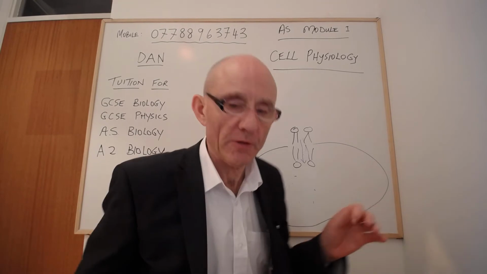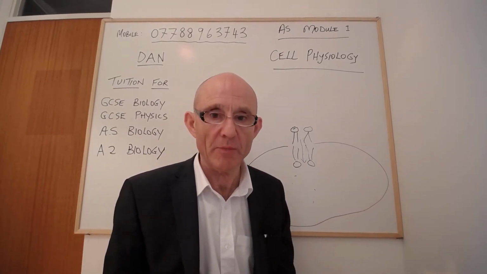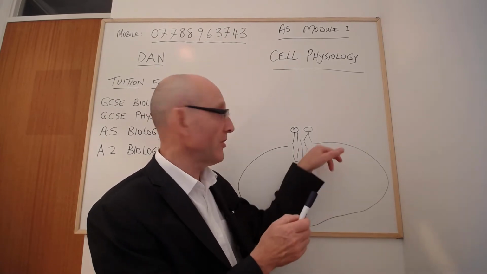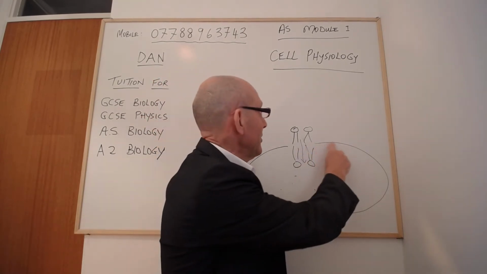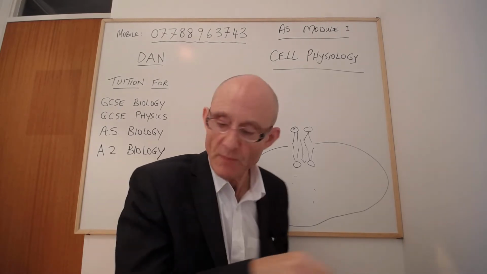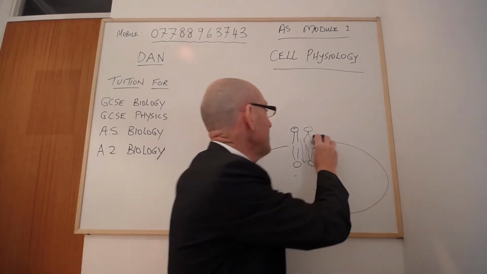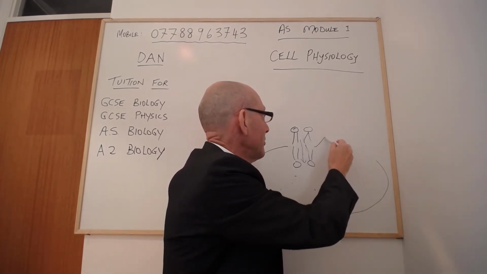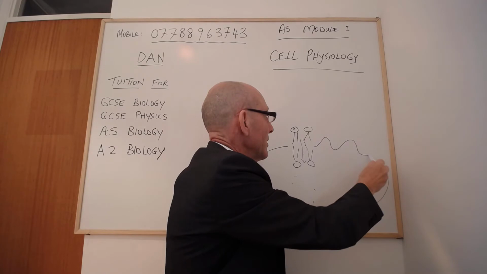The amount of surface area of the membrane is important. So in this particular case, that's the surface of the membrane there. But imagine if the membrane was folded like that.